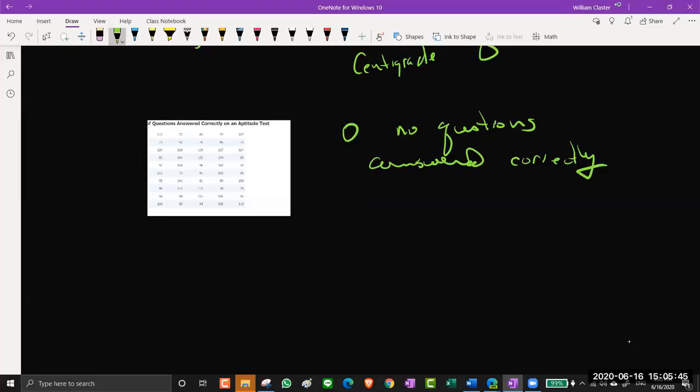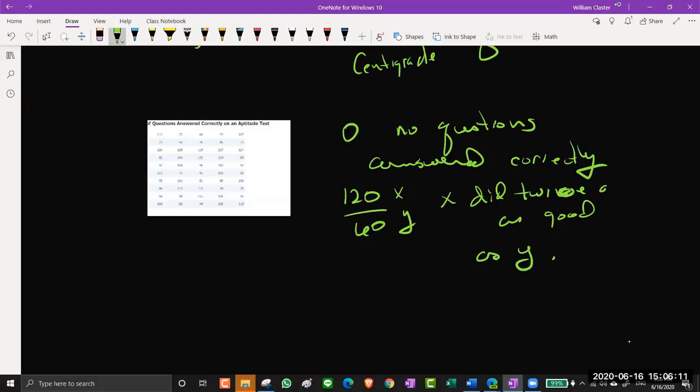So then you can talk about ratios. For example, if somebody got 120 and somebody else got 60, let's call this person X and this person Y, I can say X did twice as good as Y. So ratios make sense.